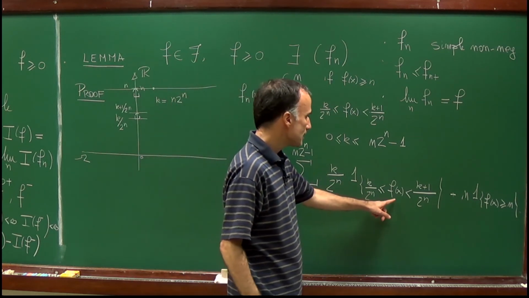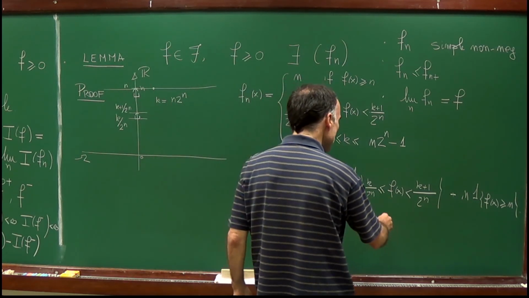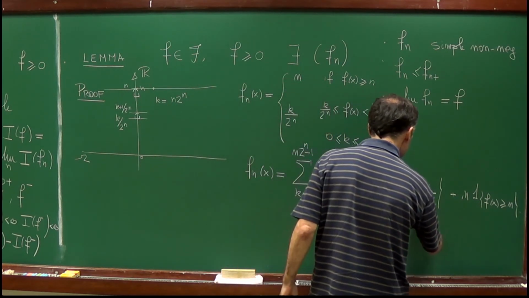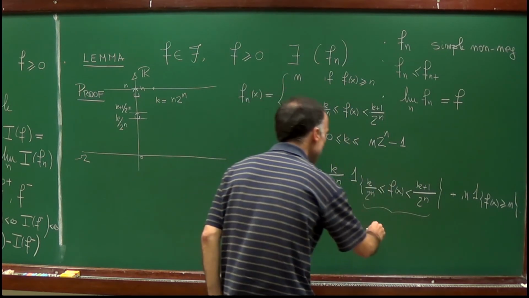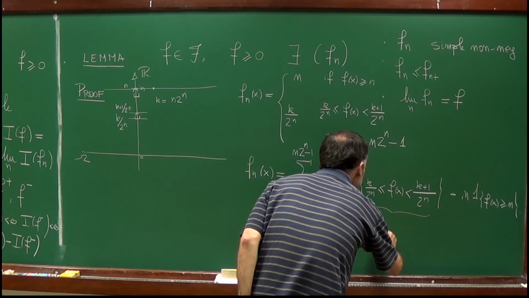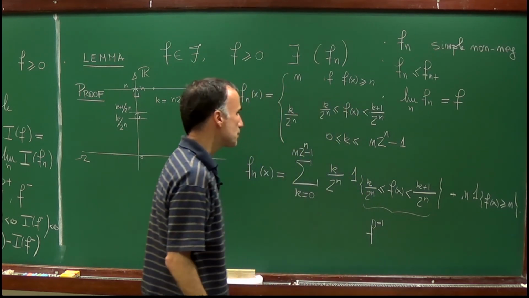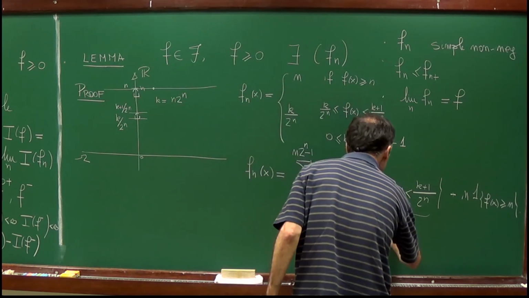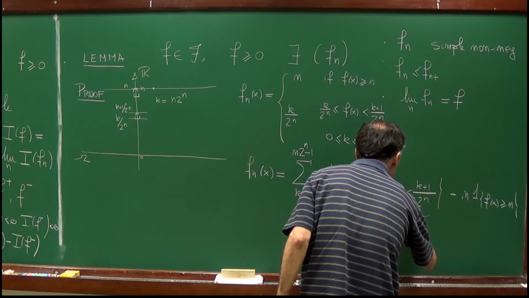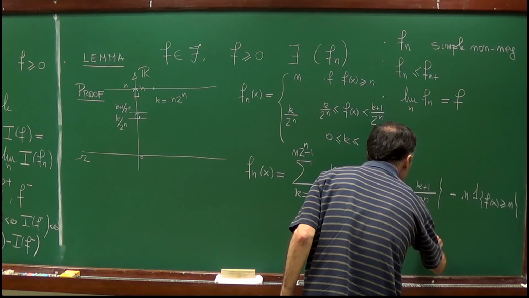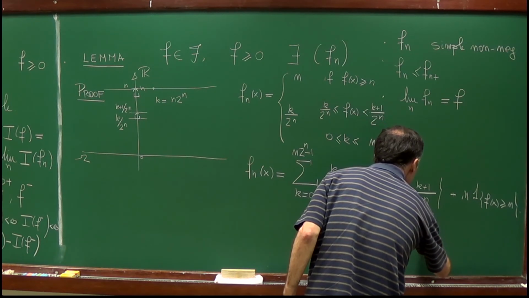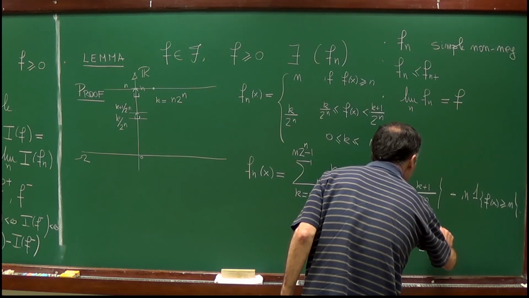Observe that since f is measurable, this set here can be written as the inverse image of the interval k divided by 2 to the power n, k plus 1 divided by 2 to the power n, open.